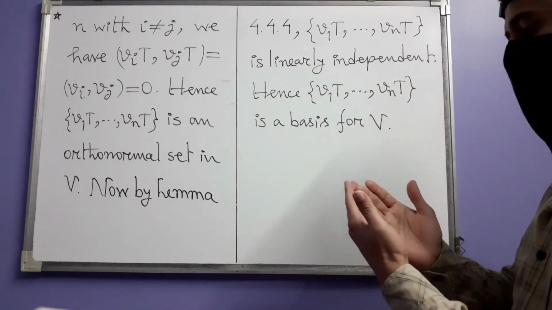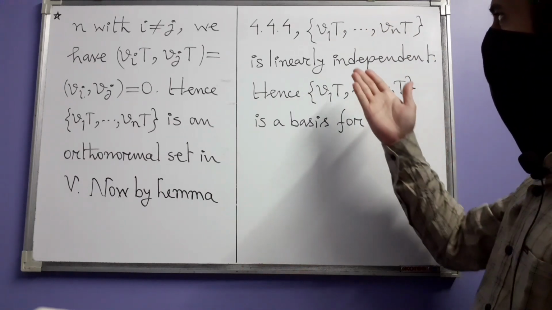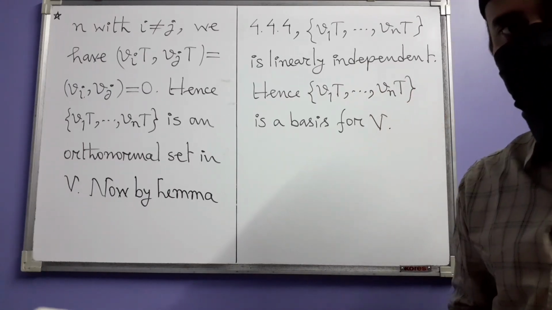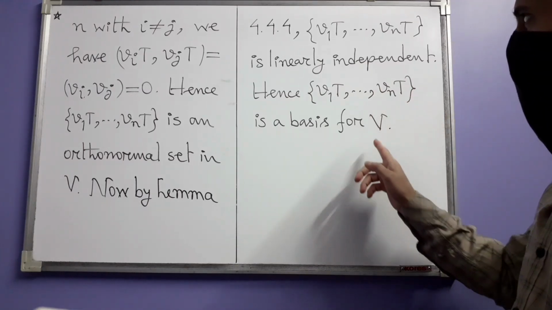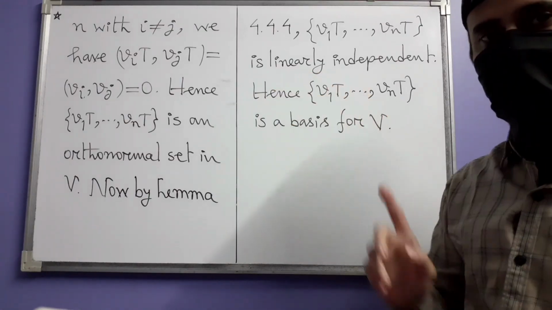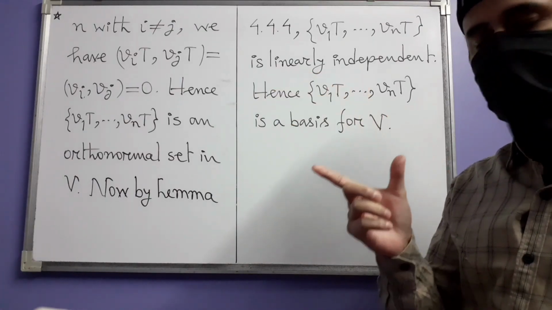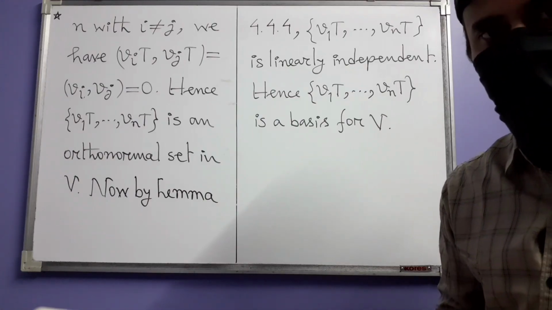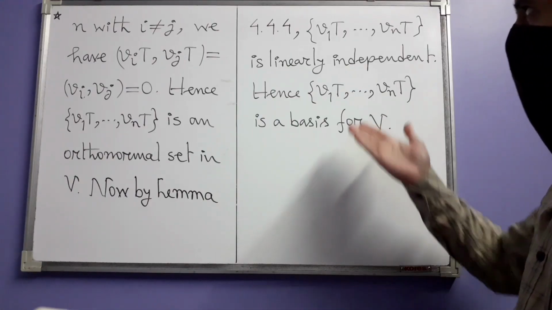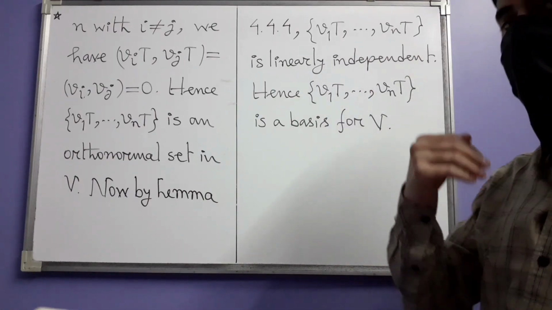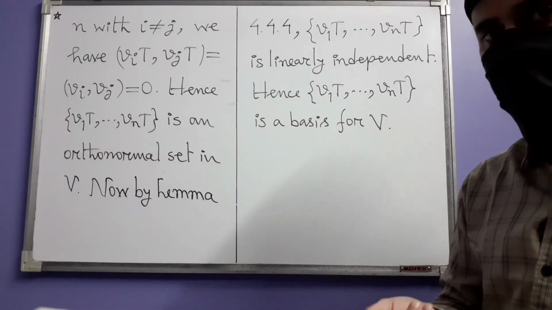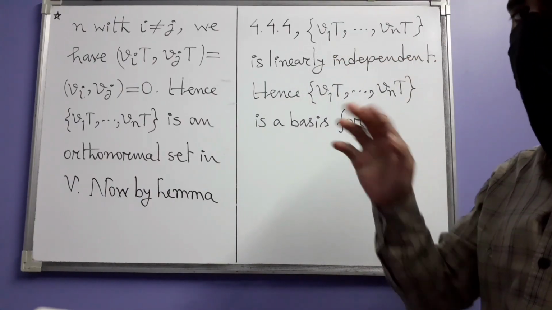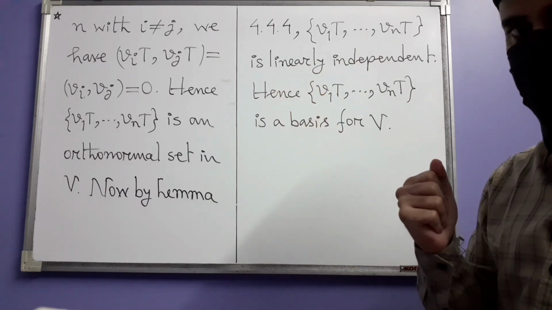So you have got a linearly independent set in the space V consisting of n vectors. However, you recall what we started with. We started with a basis for V having n vectors. That means V is n dimensional. And that is why, because you have found a linearly independent set of n vectors in an n dimensional space, automatically this is a basis from our usual theory of vector spaces.